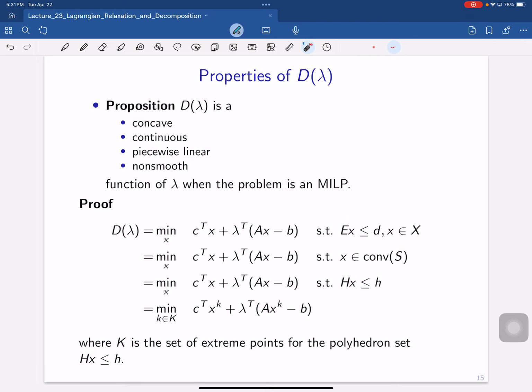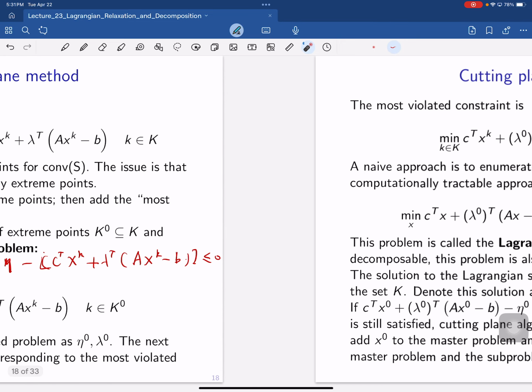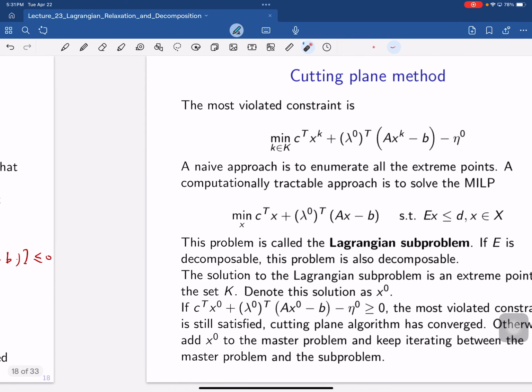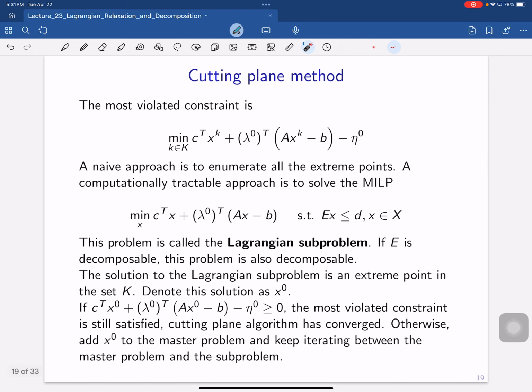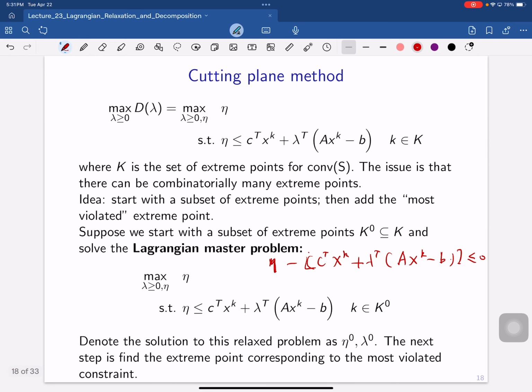So what you could do is solve a maximization problem to find the most violated constraint. The way you could do that is you maximize over xk, such that xk has to satisfy the original constraint.